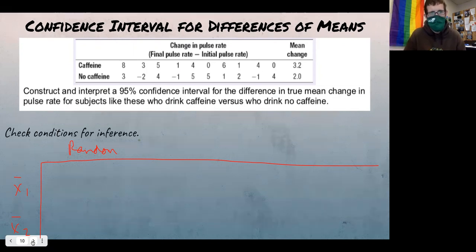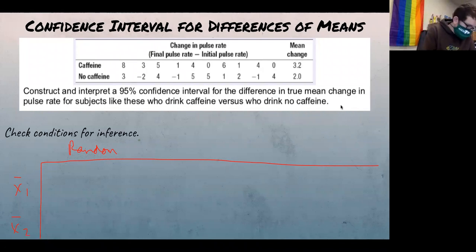Of course, you're going to recruit volunteers, but if you randomly assign what treatment they get, it can still be valid results. So I'll just put random assignment. Okay, and that's good for both.